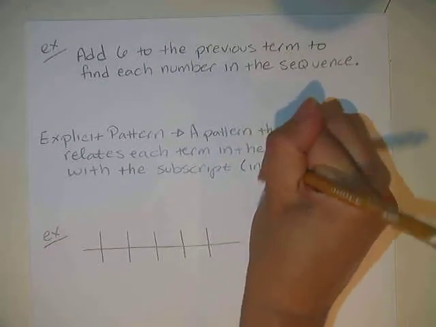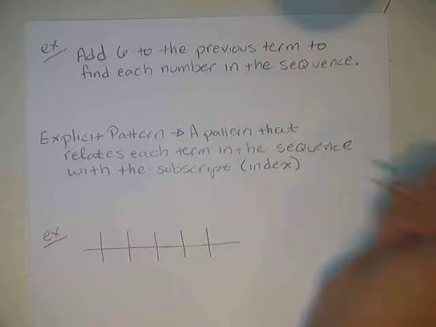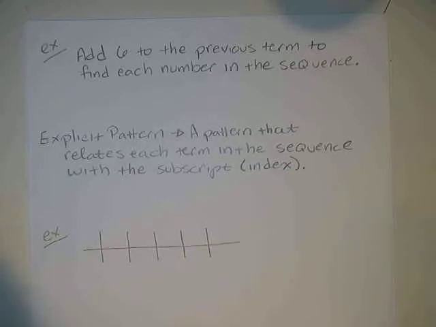So the explicit pattern is a pattern that relates each term in the sequence with a subscript. Remember, the math term for that is the index.